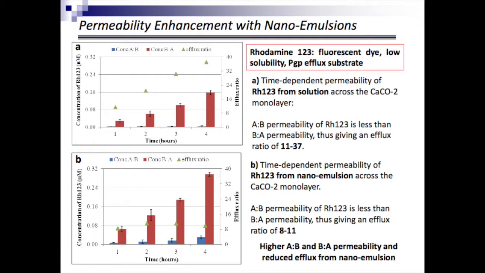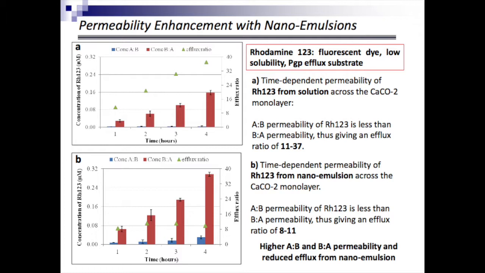The same nano-emulsion I described before, made with fish oil and has both Lipoid 80 as well as Tween 80. What you see in this graph on the top panel, the A side, is the solution form of rhodamine 123, and the B is the nano-emulsion form.